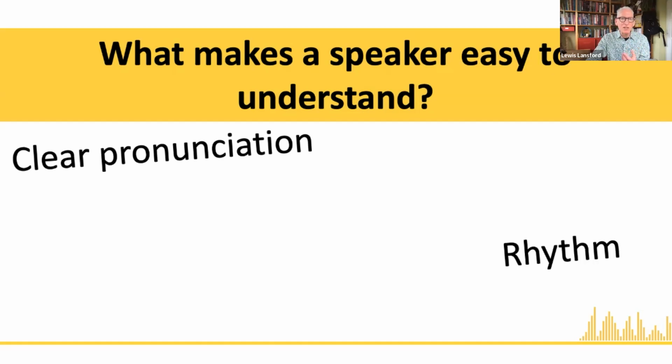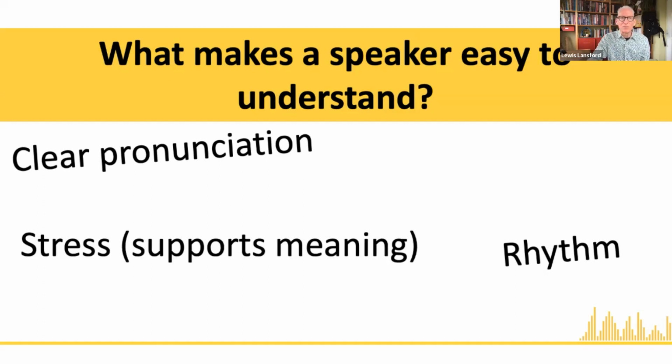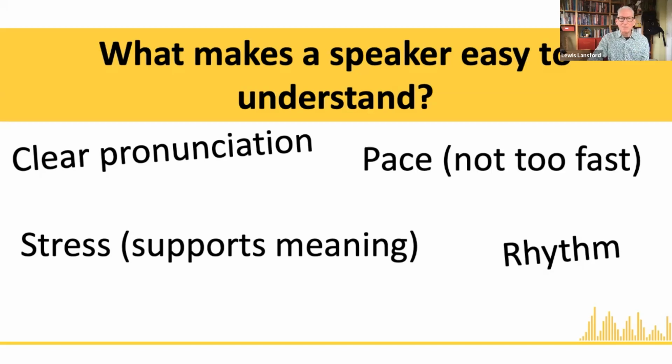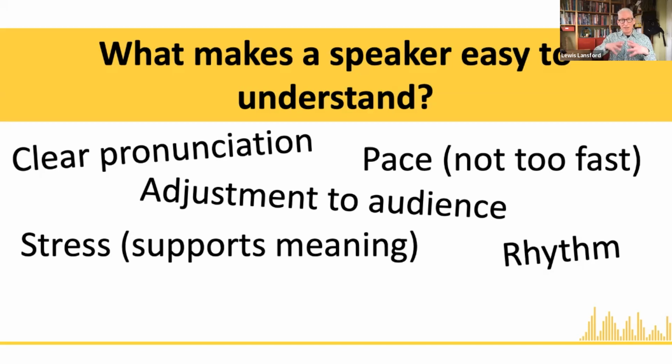Clear pronunciation, often speaking with a certain rhythm, particularly in English, which is a stress-timed language. Stress supports the meaning. Pace isn't too fast. Successful communicators adjust their speech to the audience. They might use gestures. I like to use gestures when I speak. You go from A to B. That can help clarify.